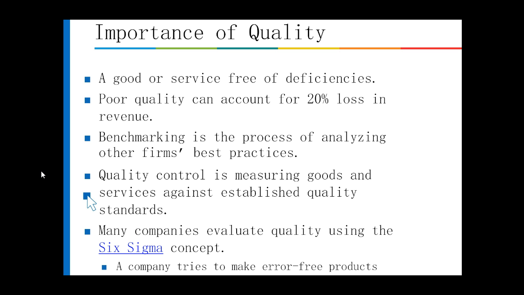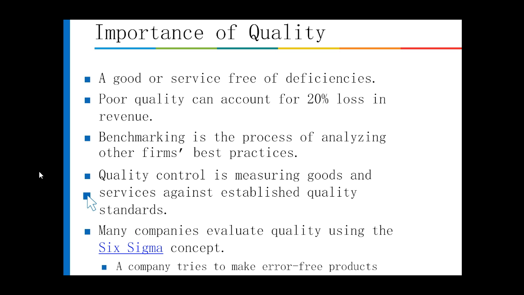Because we know that if your product is not good, then your customers are not going to want it, and then they're not going to recommend it to anyone else. So it's very important that we ensure that our production processes culminate and provide the best good for the price that their customers pay.